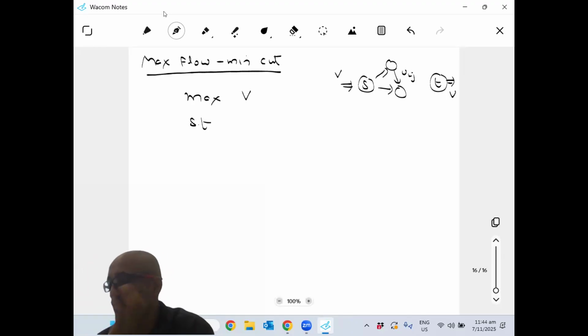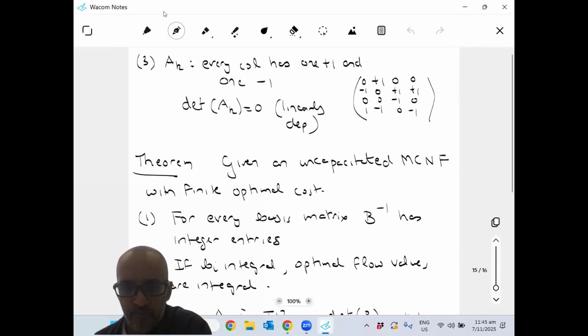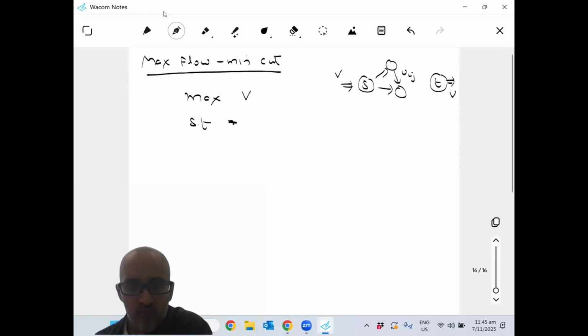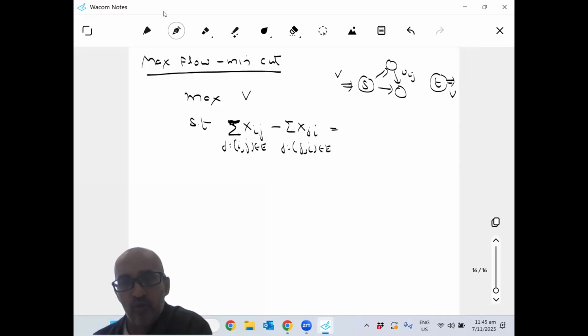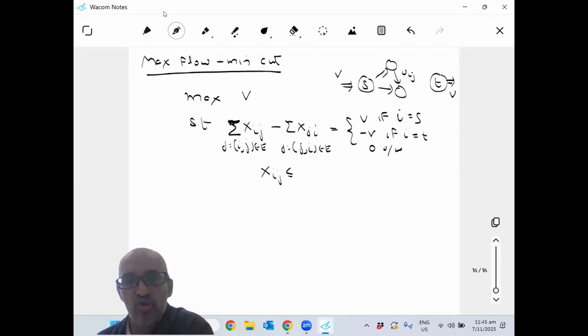So we have flow conservation: the summation of x_ij over edges out of a node, minus the inflow, is either v if it's the source node, minus v if it's the sink node, zero otherwise, and x_ij is between 0 and u_ij. So this is max flow.